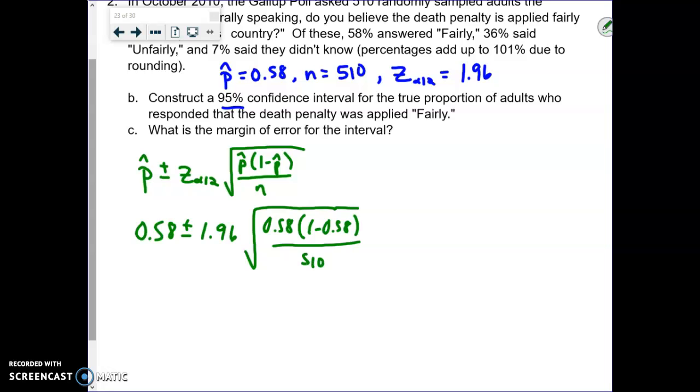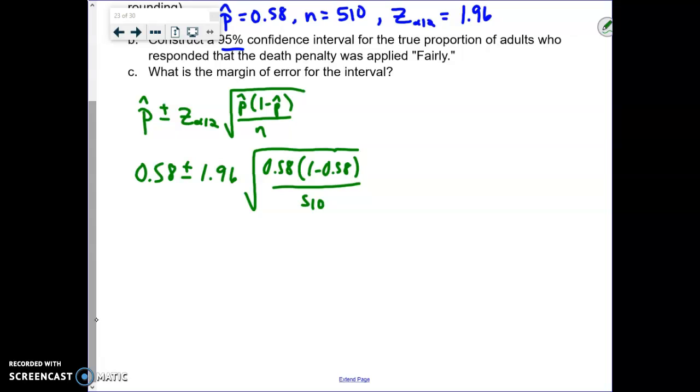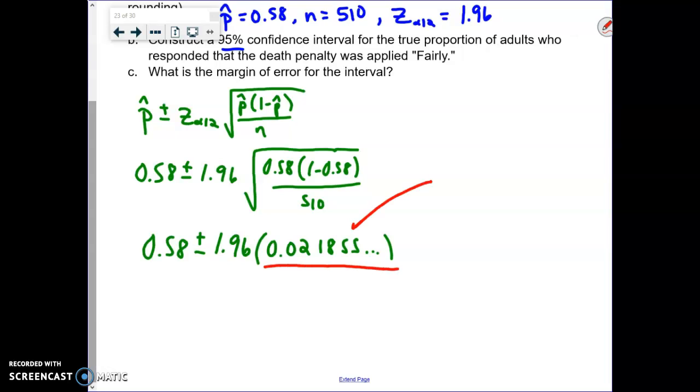Now if we do the calculations, make sure you don't round. I know it gets arduous, but use the memory function on your calculator. If you take the radical and work that out, you get 0.021855 and onward. That is your standard error. So if I ever ask what the standard error is, there it is.